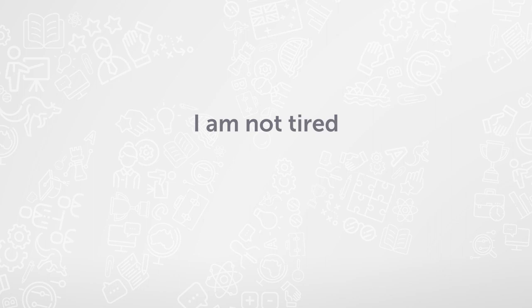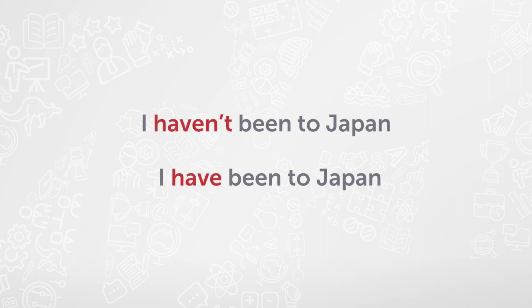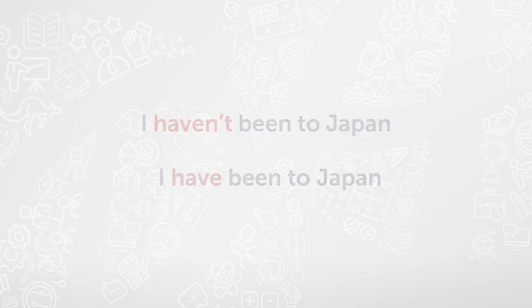If I say, I am not tired, the opposite is, I am tired, right? Am is there in both sentences. Same for have. I haven't been to Japan is the negative form for I have been to Japan. Again, have is there in both sentences. But let's see what happens with the verb do now.